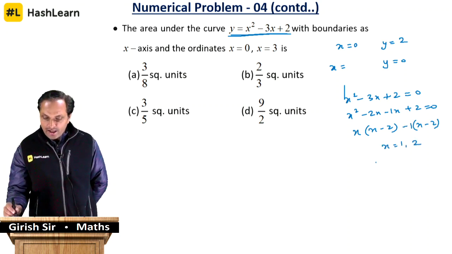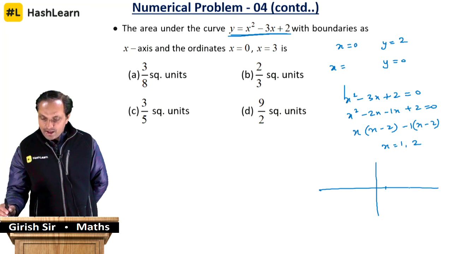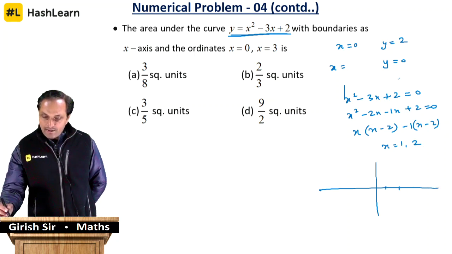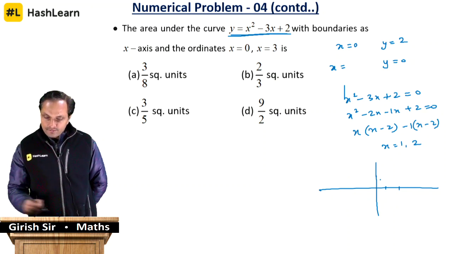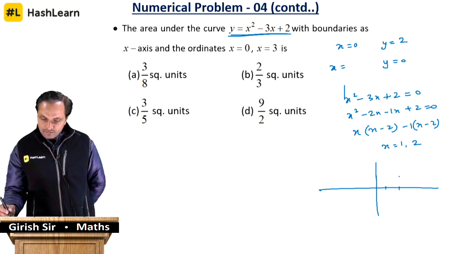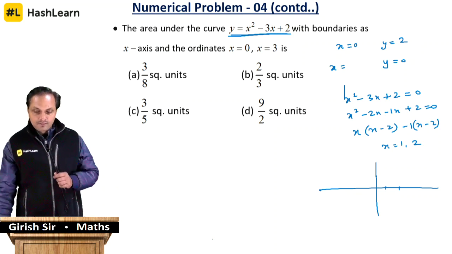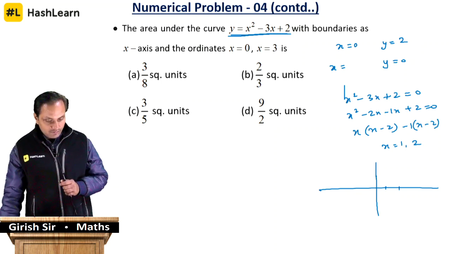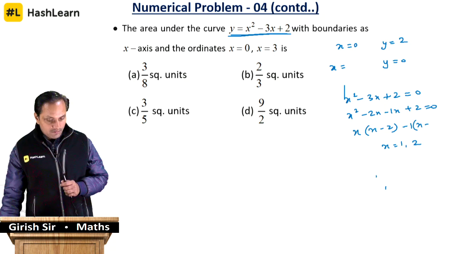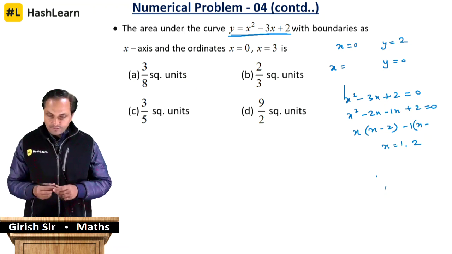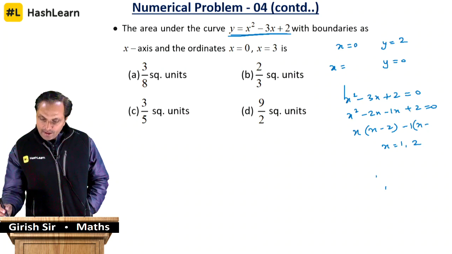तो इसको हम ड्रॉ करेंगे. X is equal to 1 is here, x is equal to 2 is here, and when x is 0, y is 2, x is 0 and y is 2 means somewhere here. Okay, that will give you minus 1.